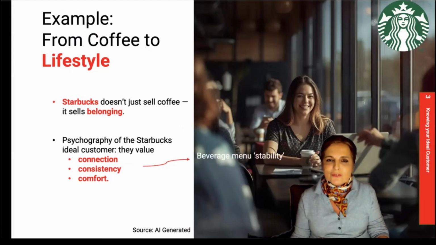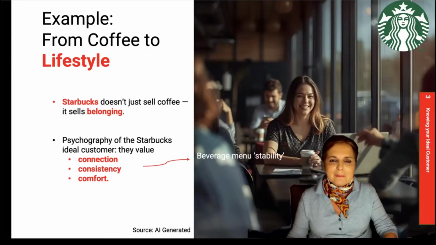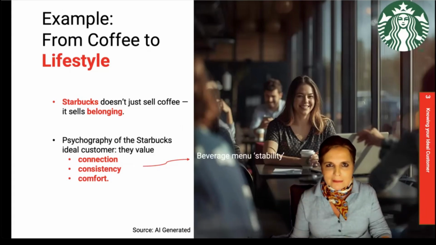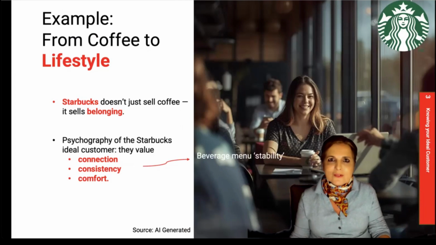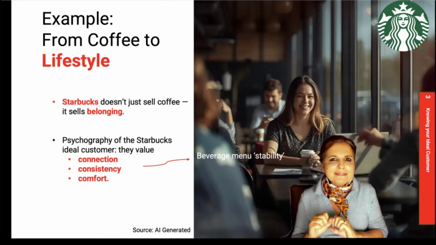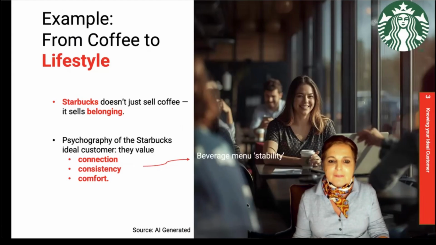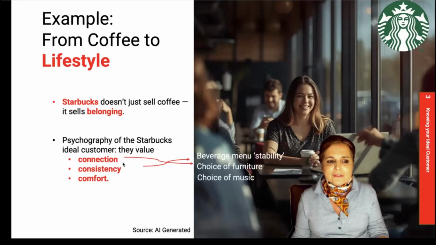But every so often, to kind of break the monotony, they introduce something like a pumpkin latte or something around Halloween. So they do have their little times when they go a little off script, but basically it's a very consistent menu in terms of the beverage, and in terms of the food they offer, right? The comfort, the connection, all of this also determines their choice of furniture.